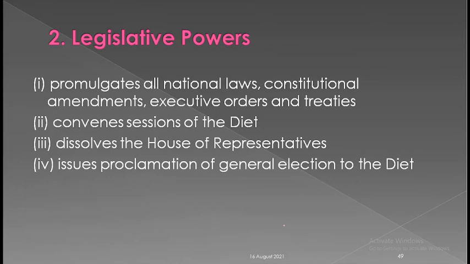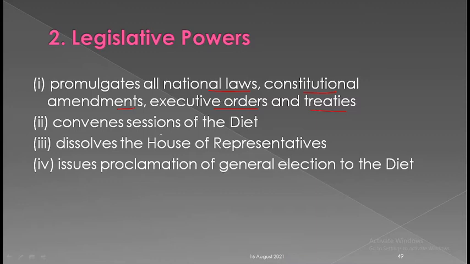Now let's come to the legislative powers. He promulgates all national laws, constitutional amendments, executive orders, and treaties. All laws, amendments, executive orders, and treaties are issued in the name of the emperor.